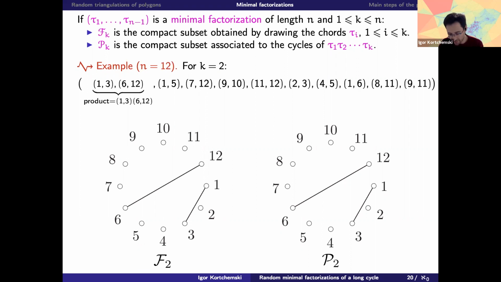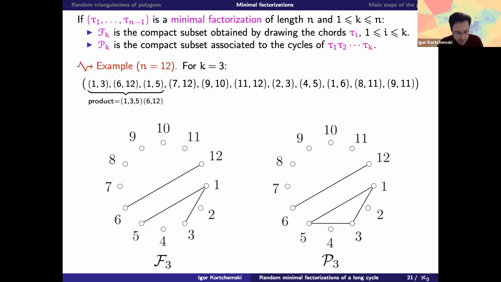But for the figure on the right, we take the partial product of the transpositions we have read so far, factor it into a product of disjoint cycles, and draw the convex envelope of the cycles.